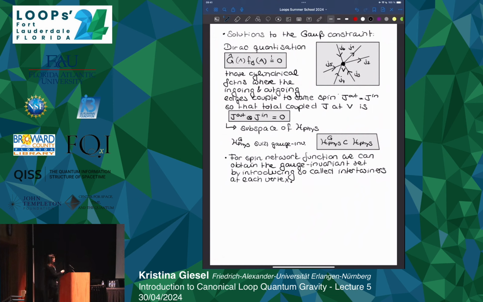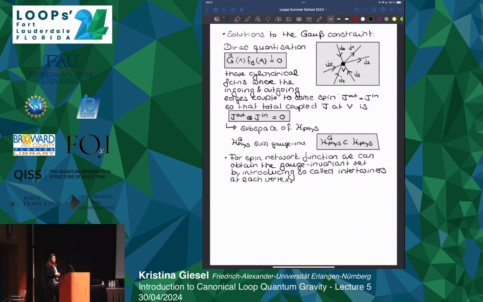If we look at a certain vertex in a graph, where a finite number of edges meet, they are all labeled by SU2 spin quantum numbers. So these are the different j's. And I can formulate a coupling of these spins in angular momentum recoupling theory.